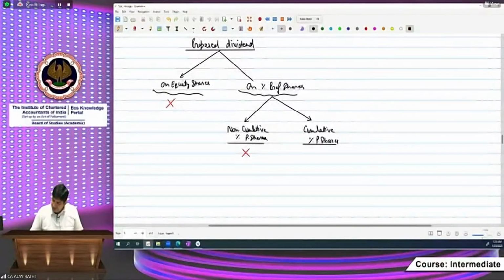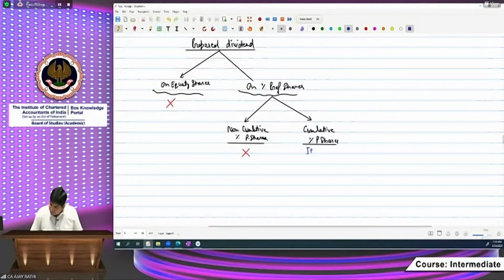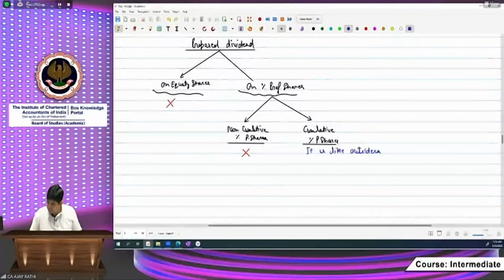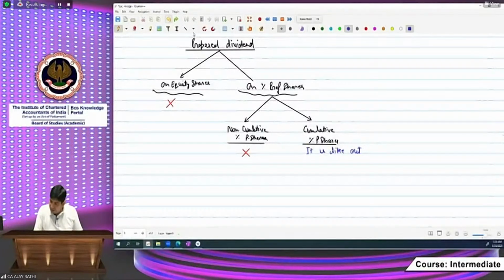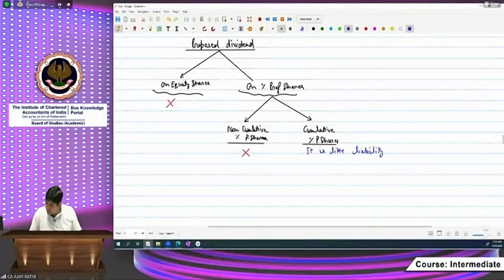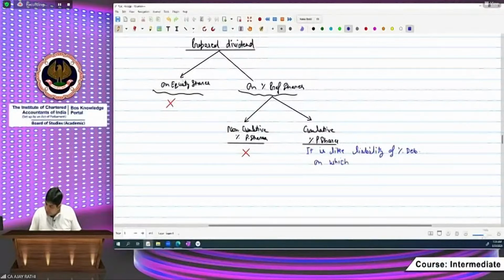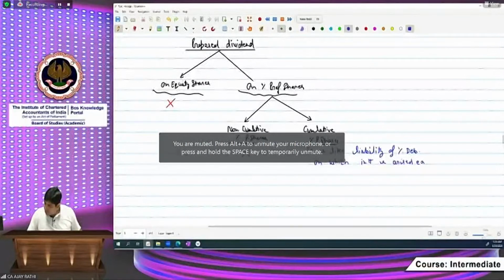In such a case, it is like an outsider's liability, like a liability of debentures on which interest arises on a time basis, or you can say each year.